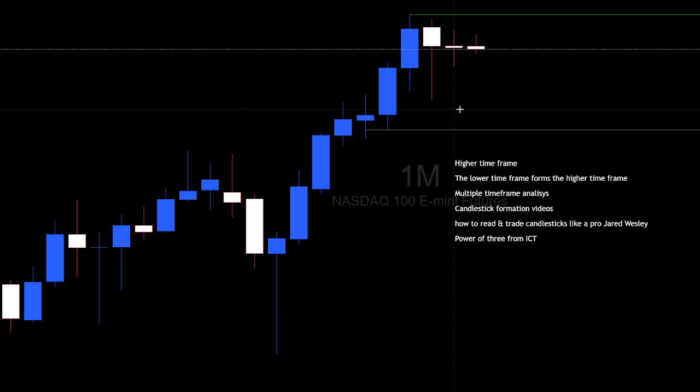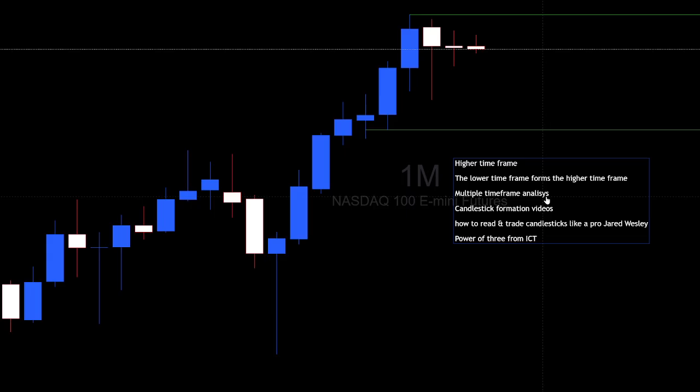So the higher time frame is formed by the lower time frames, and that's why we need to make a multiple time frame analysis. If we are day traders, we cannot just see the market in the 1 minute or the 2 minutes or the 5 minutes and 15 minutes and 1 hour.